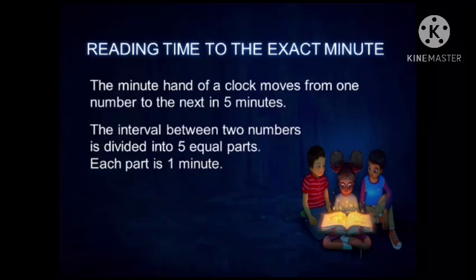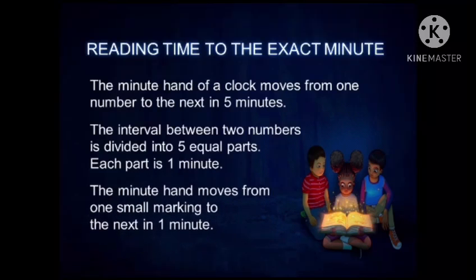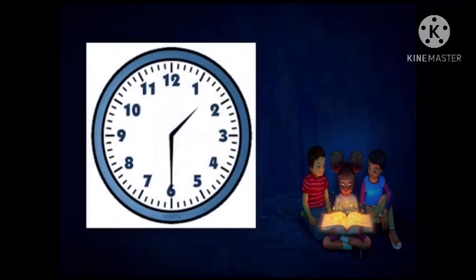Here they have given it expanded. Next, the minute hand moves from one small mark to another, one scale to another scale, in 1 minute. That is the basic we need to know to read the exact minutes. We know to read the hour and a complete minute, but we must know that number to number is 5 minutes and scale to scale is 1 minute. Suppose there is a clock that represents some timing.